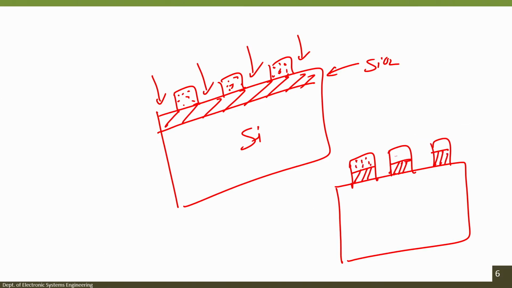Also, simultaneously, I am expecting that my photoresist should show a high etch resistance.